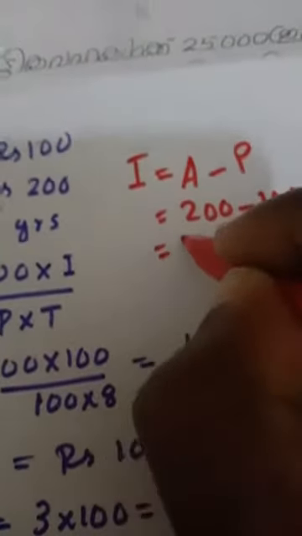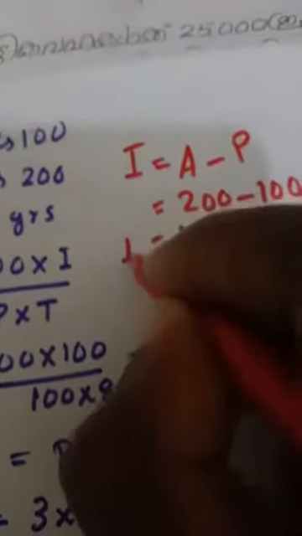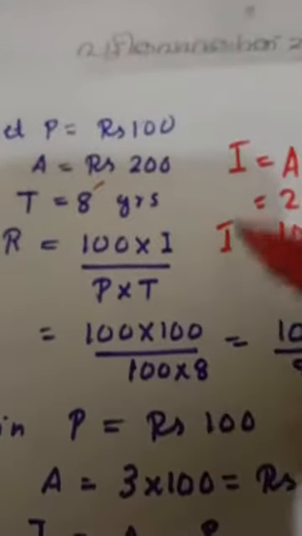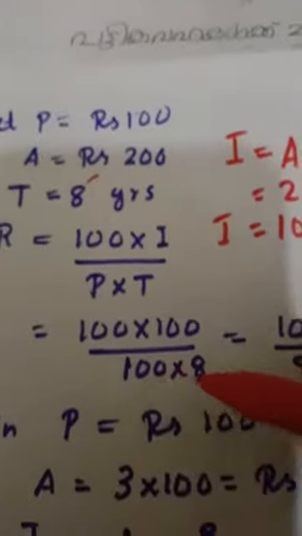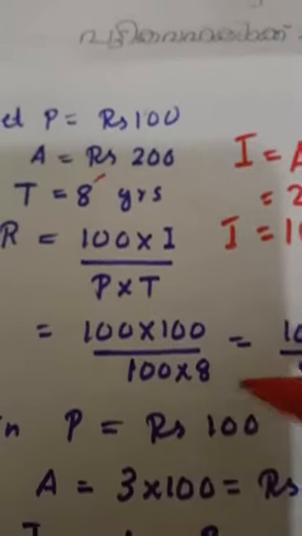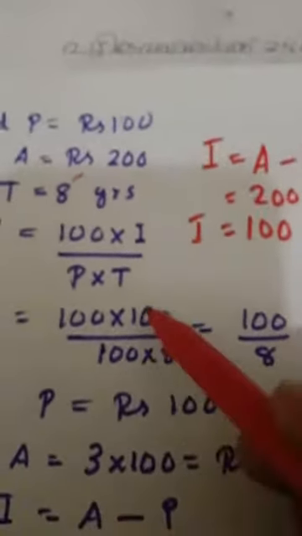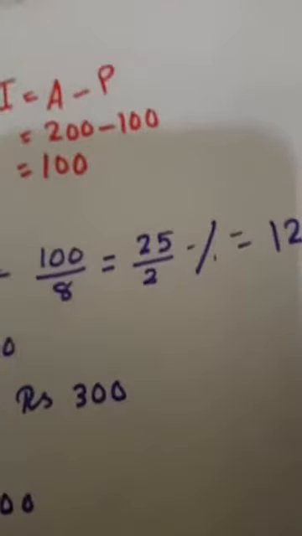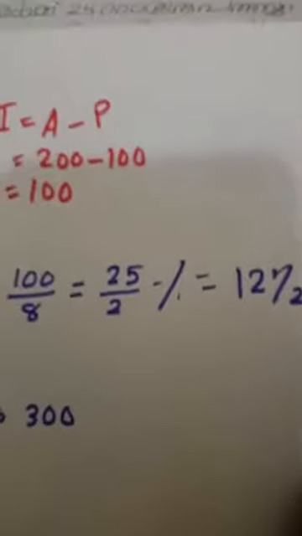So interest is equal to 100. Okay, interest is also 100. So 100 into 100 by P 100, time period 8. So this 2 0 and this 2 0 get cancelled. 100 by 8, 25 by 2 percentage, that is 12.5 percentage.